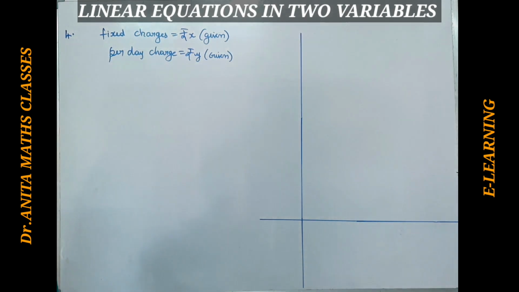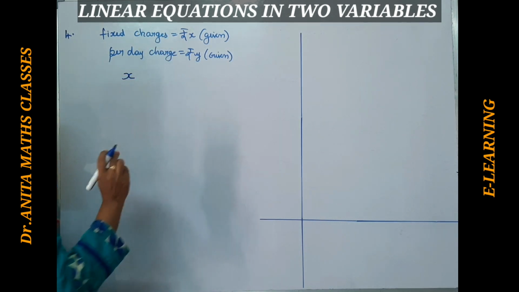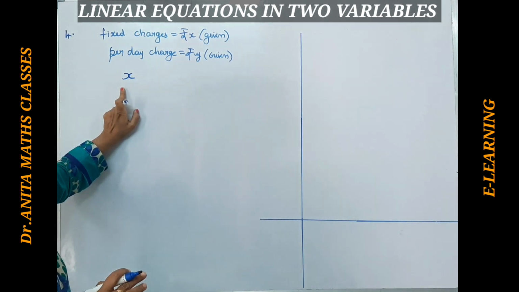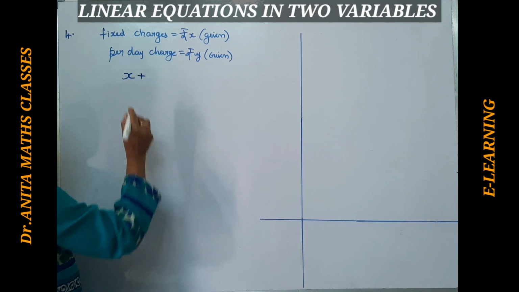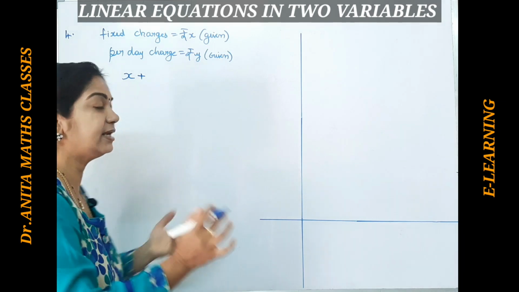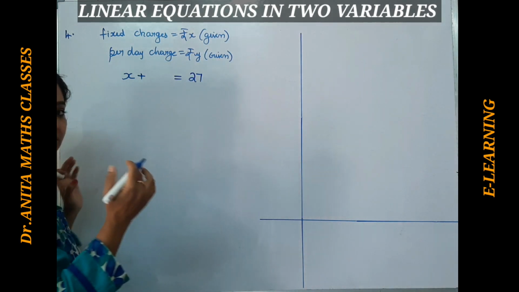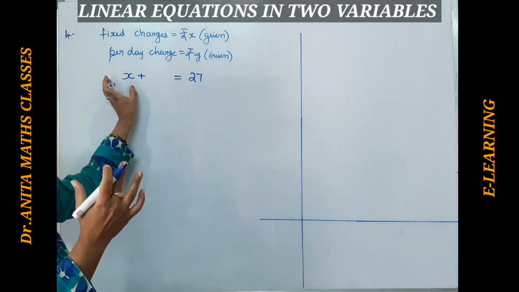For the first 3 days, rupees x was the fixed charge. John has taken the book for 7 days and paid a total of rupees 27, but for the first 3 days it is x only because the charge is fixed.